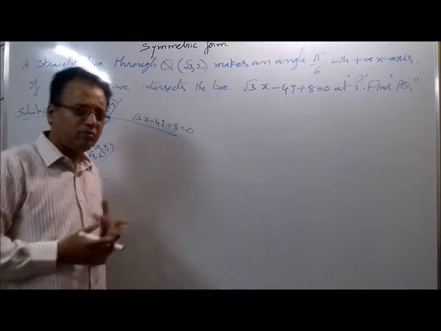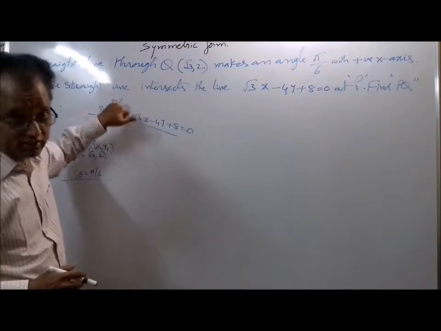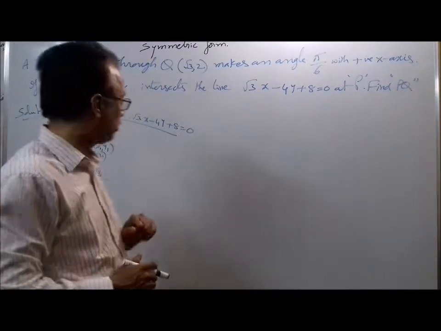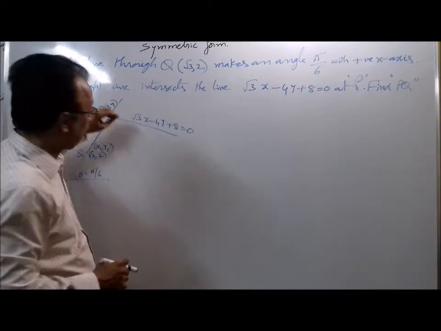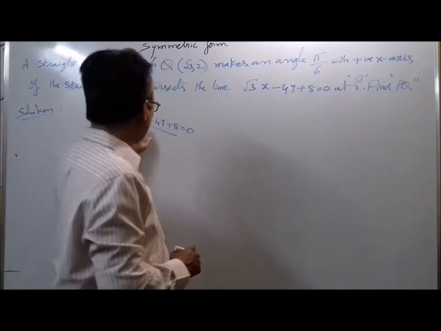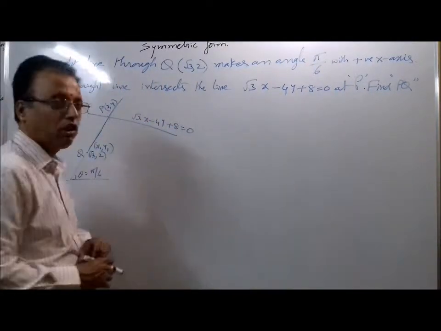Here also we do the same thing: x is equal to x1 plus r cos theta, y is equal to y1 plus r sin theta. That point you find, and that point lies on this line. So once you substitute here, we will find the distance r.